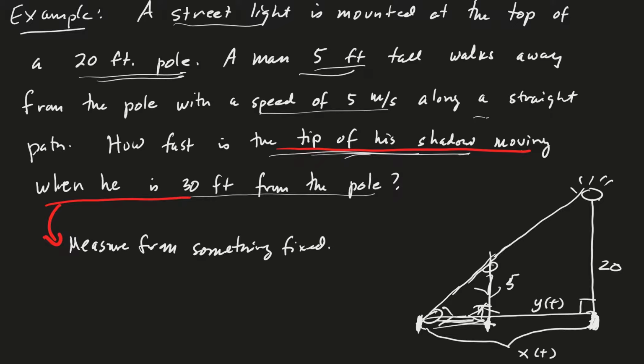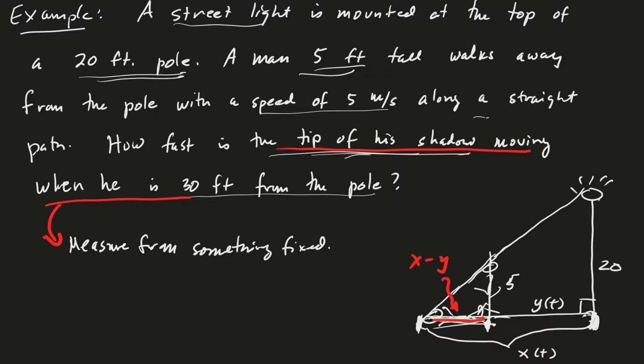The distance from the man to the pole, y. Good. And so now, do I need a variable for the length of the shadow? You could put one in. However, you don't need to, right? Because this length is actually already determined by the variables that we have. So once you've chosen x and y as your two variables, then that forces this third thing to be x minus y, if we need it.